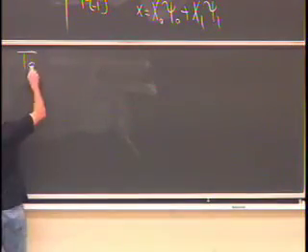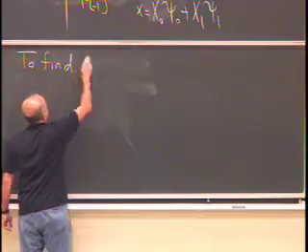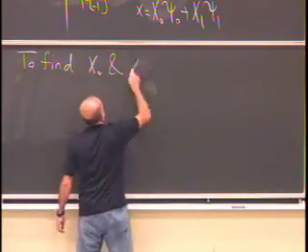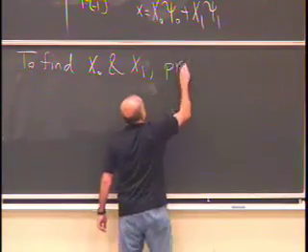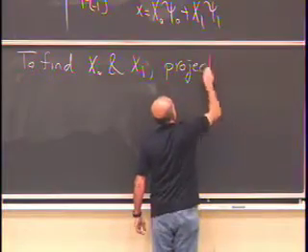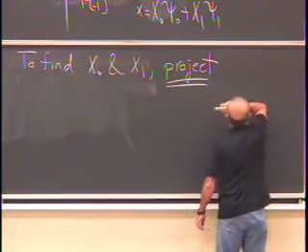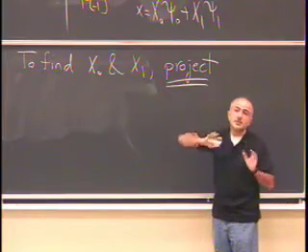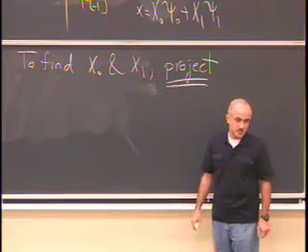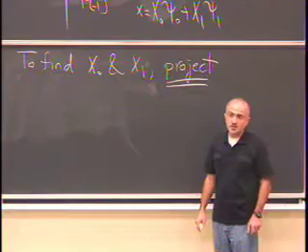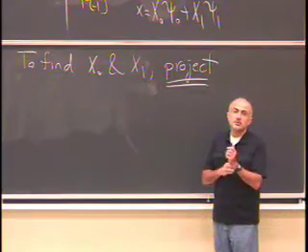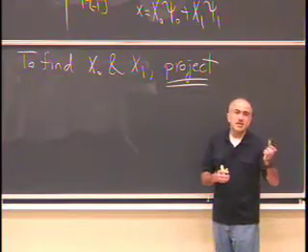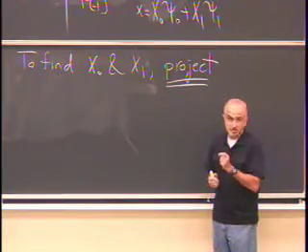So to find x0 and x1, project. There's the key word. I want you to think throughout this whole discussion in terms of geometric concepts. We are now at a point where we're going to treat signals as vectors.